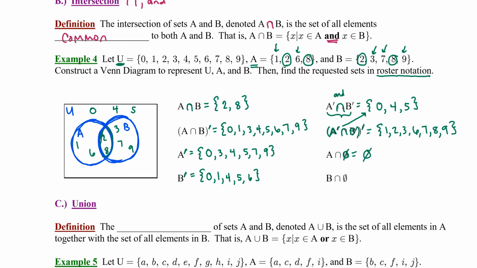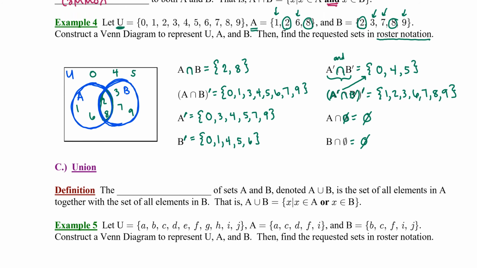The same thing is true for B intersect the empty set. The empty set and B have nothing in common, so the intersection of any set with the empty set is always the empty set. Okay, that completes complement and intersection.